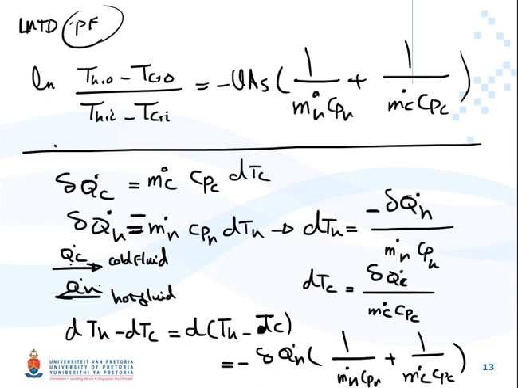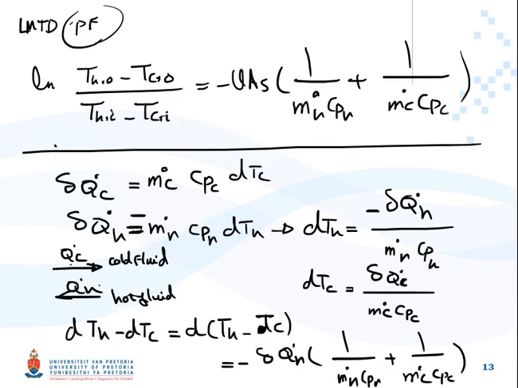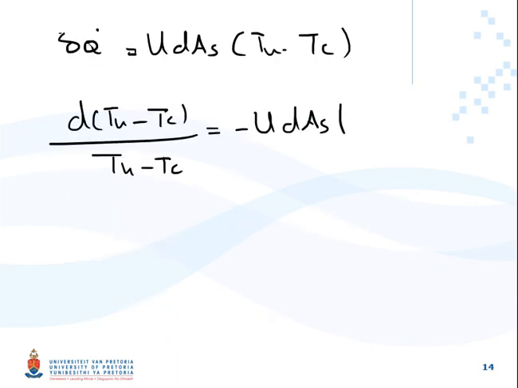That's what we knew from the LMTD method, and we also knew that the rate of heat transfer in the differential section is dQ equal to U dA_s (T_h minus T_c). So d(T_h minus T_c) divided by (T_h minus T_c) is equal to minus U dA_s, and you bring this from here, so it will be (1/(m dot h C_ph) plus 1/(m dot c C_pc)).